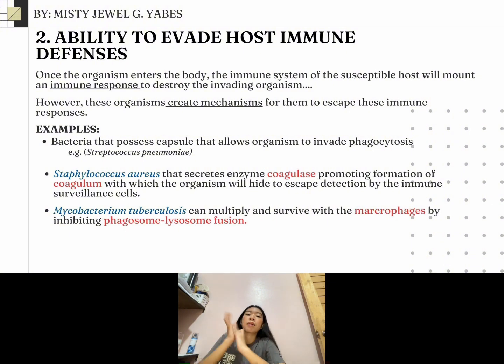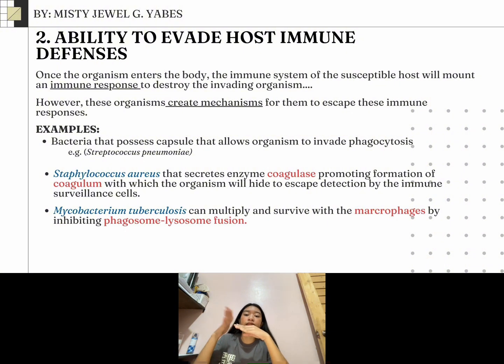We have three examples. Number 1 is bacteria that possess a capsule, which allows our microorganisms to evade phagocytosis. So ano nga ba ang phagocytosis? Phagocytosis is a process in which our phagocytes surround and destroy foreign substances.